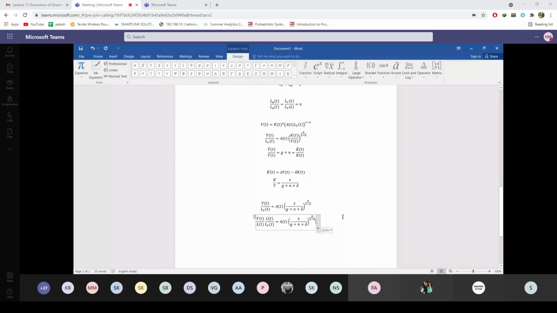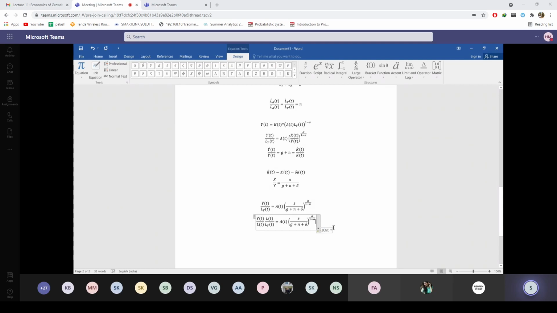Fine. I can write it down, right? Then the first term Y_T by L_T is basically my per capita output.